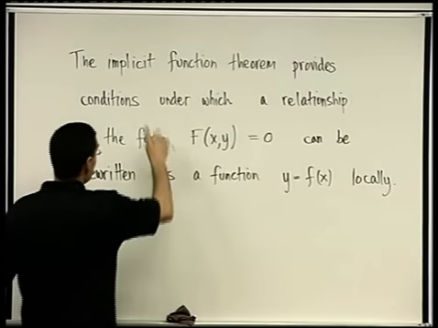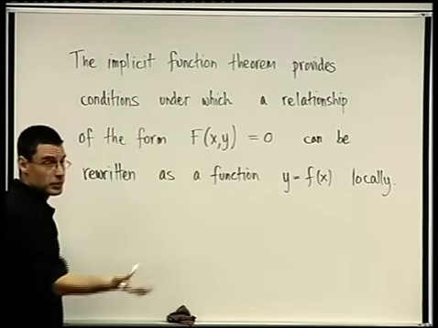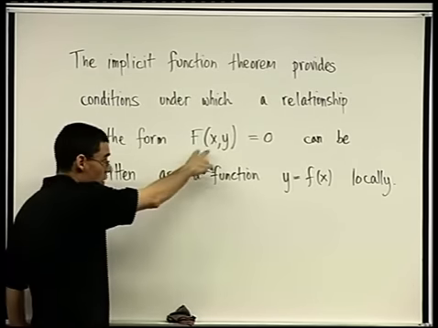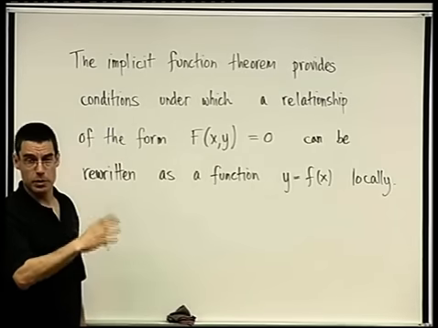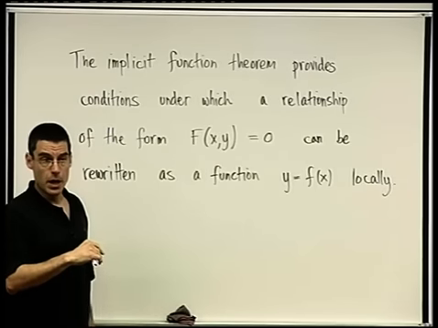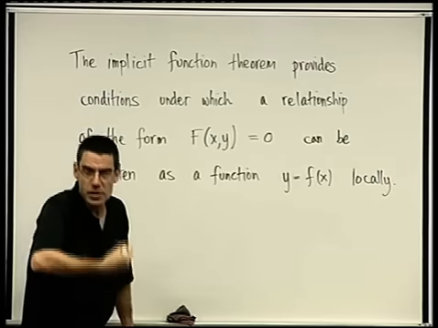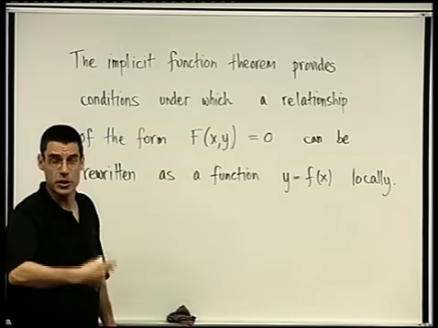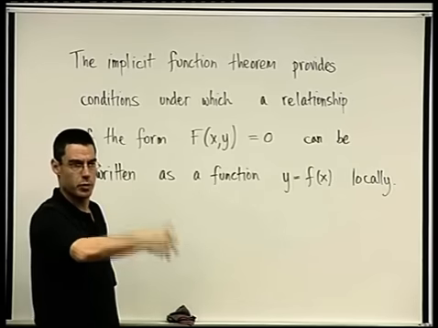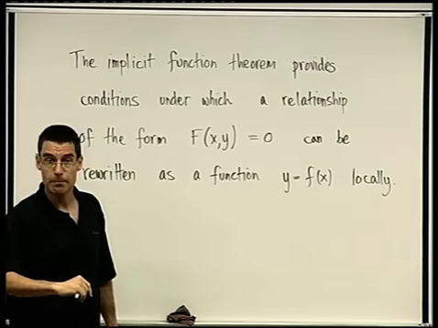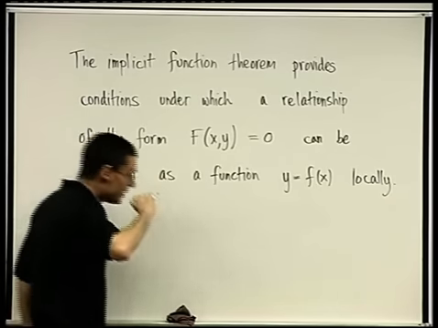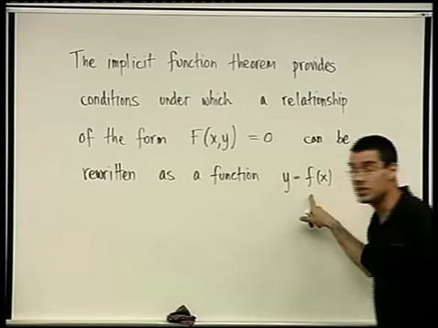Now, what is this word implicit and the word explicit? In the example, the relationship, which was x squared plus y squared equals 1, we actually found explicit formulas for the functions in various areas. It was a concrete function, y equals the square root of 1 minus x squared, right? This theorem is going to tell us that such a function exists.